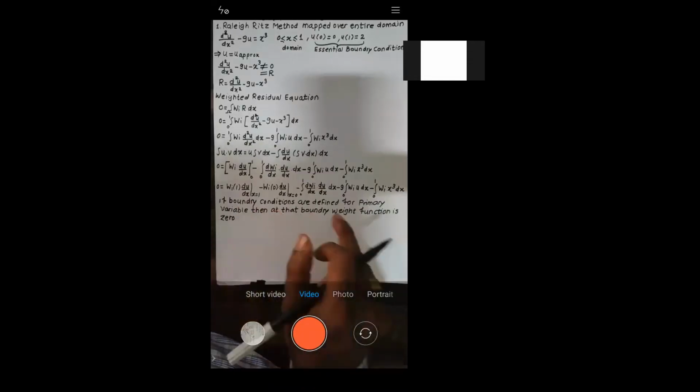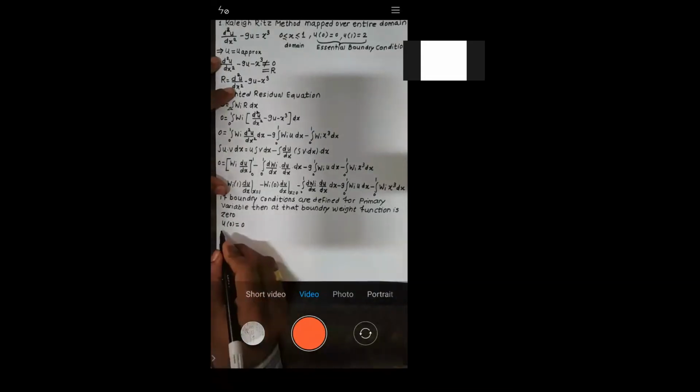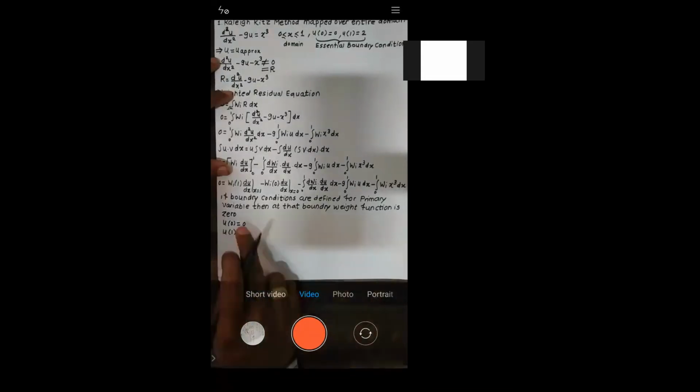Okay, what is the meaning of this? See here, u at x is equal to 0 is 0. This is the first boundary condition. u at x is equal to 1 is equal to 2. This is the second boundary condition. Now, if you see the first or second boundary condition, they are defined in terms of which variable? Primary variable, that is u.